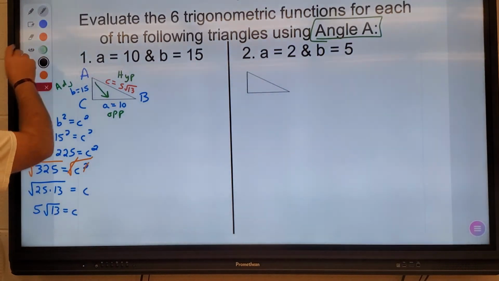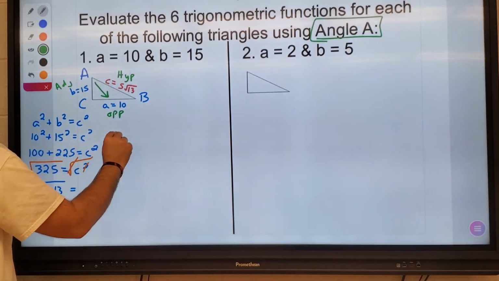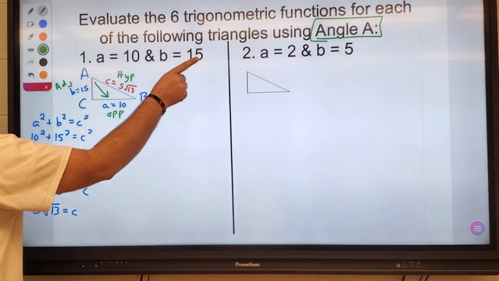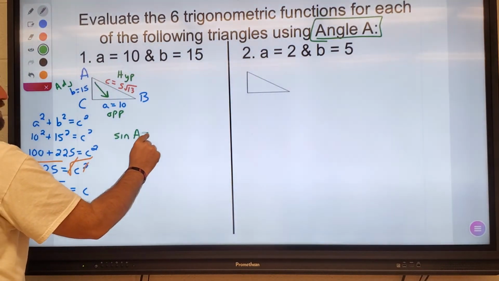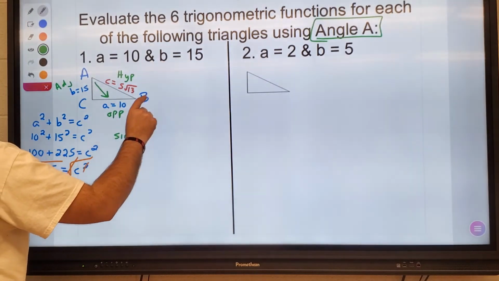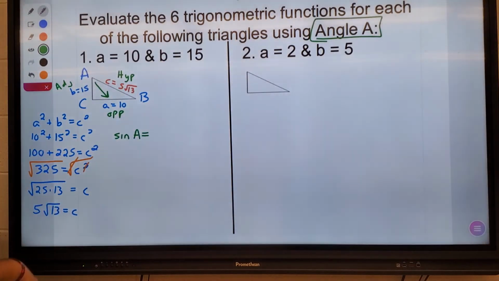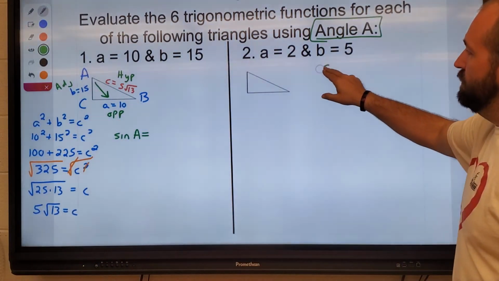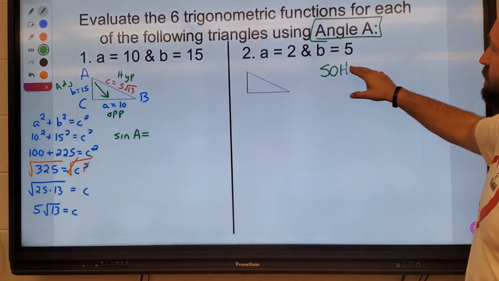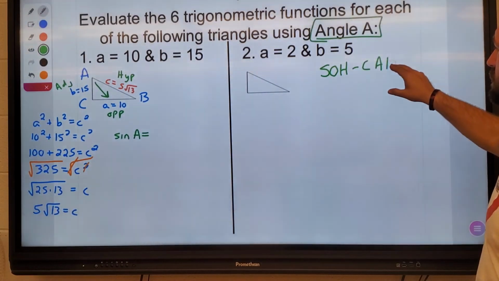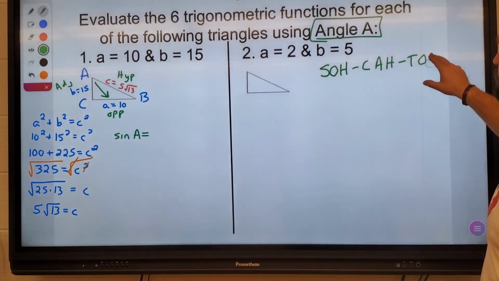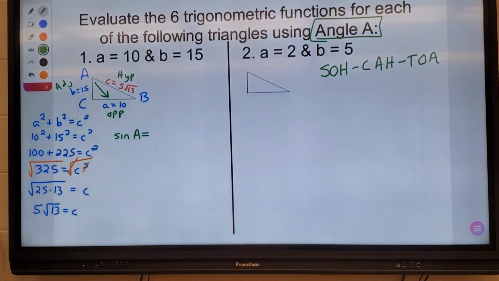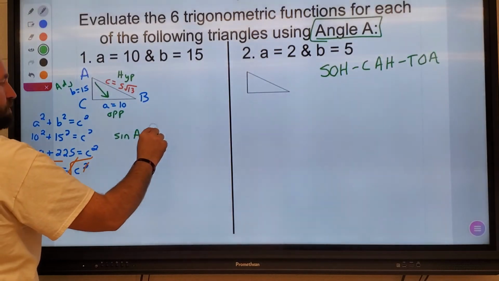So if I go back, let's go ahead and use green here. Sine of angle A, because again it says use angle A, equals opposite. Okay, so if I write, again, SOHCAHTOA someplace here, then sine of angle A is the opposite over the hypotenuse.